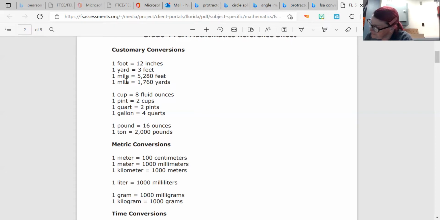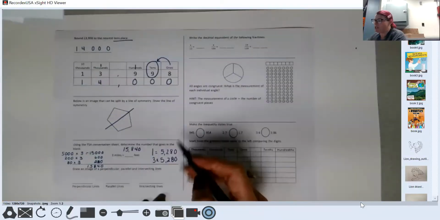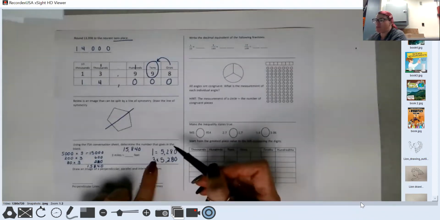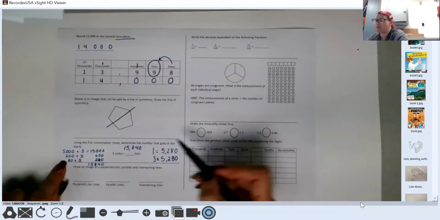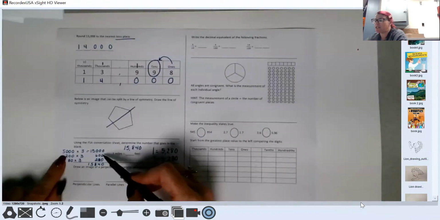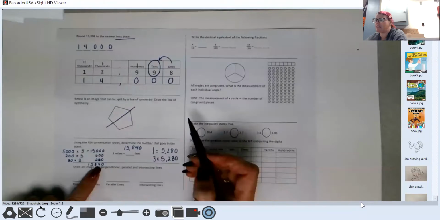So it's 15,840 feet. 3 miles is equal to 15,840 feet. And I just did all the work and you couldn't see it, so hold on. So I did my conversion here, and I know that that's 3 times that amount. And then I went ahead and did partial product to help me solve this. 15,600 plus 240, which equals 15,840.